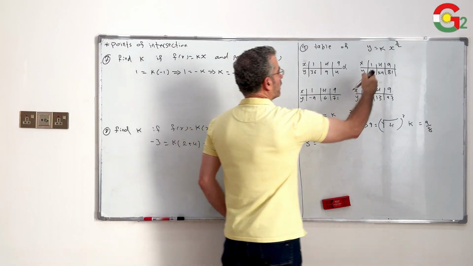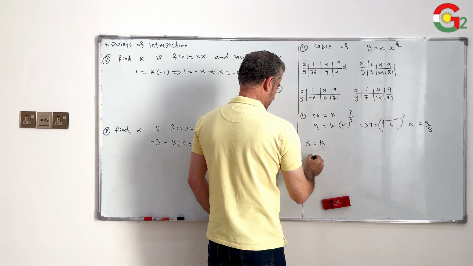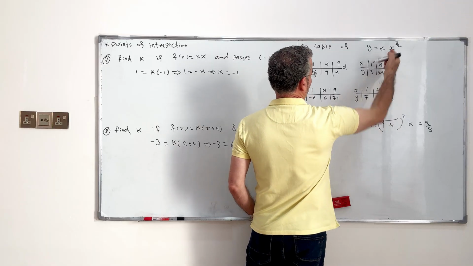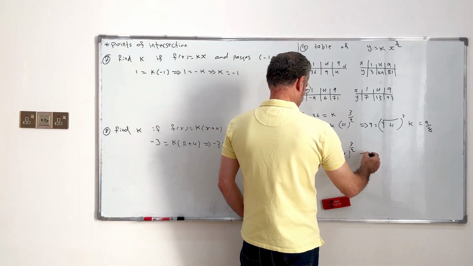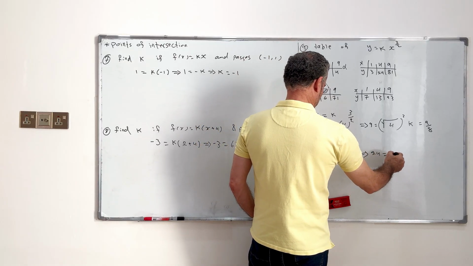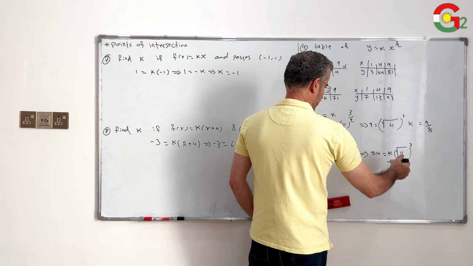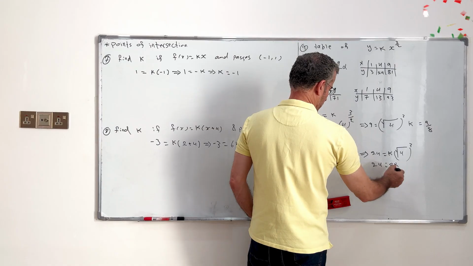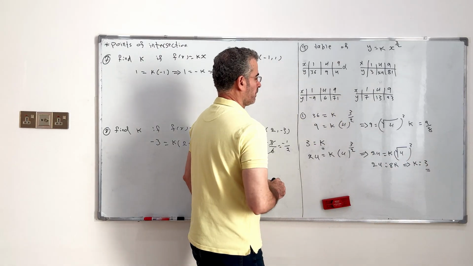Let me take the second one. When y is 3, x is 1, this gives me k equals 3. When y is 24, x equals 4, so 24 equals k times 4 to the power 3 over 2. This will be 24 equals k times the square root of 4 to the power 3, so 24 equals 8k, then k equals 24 over 8, it is 3. It is the same value.